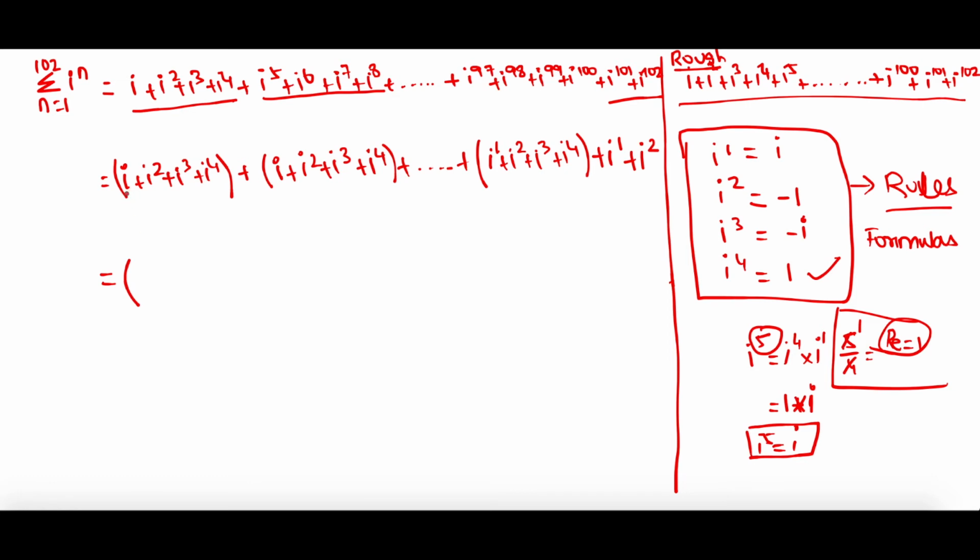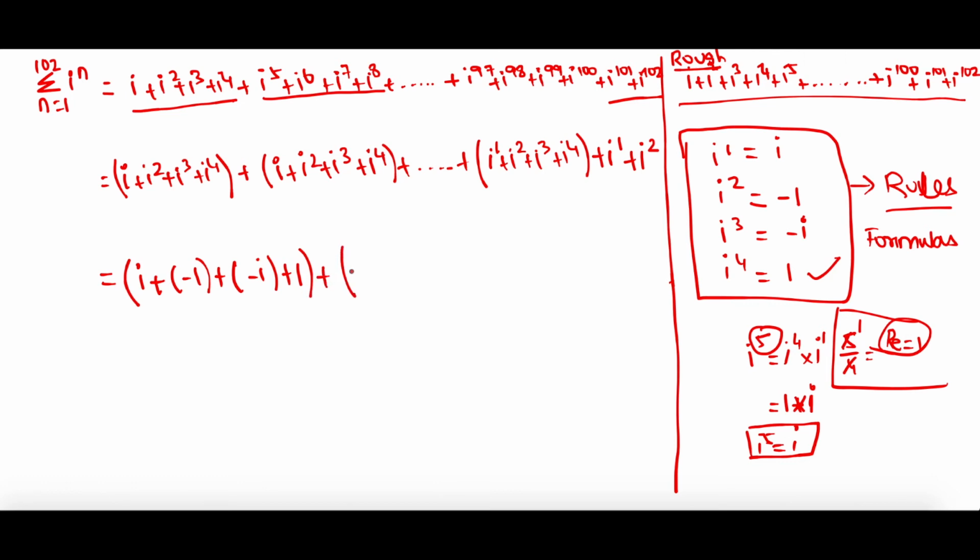So now we will write the values here. i to the power 1 is i. i squared we know is minus 1. Then we know i to the power 3 is minus i. What is i to the power 4? We know it is 1.